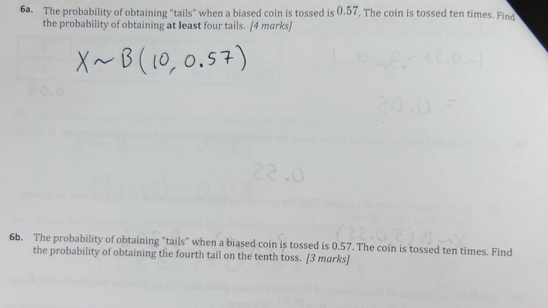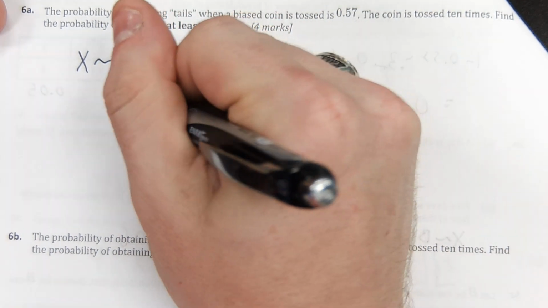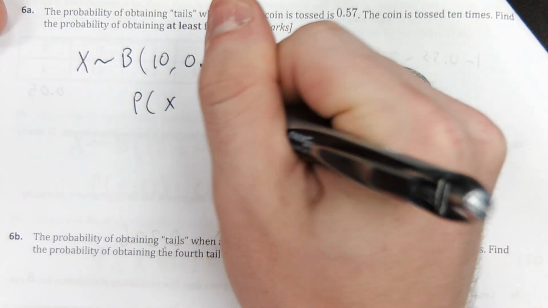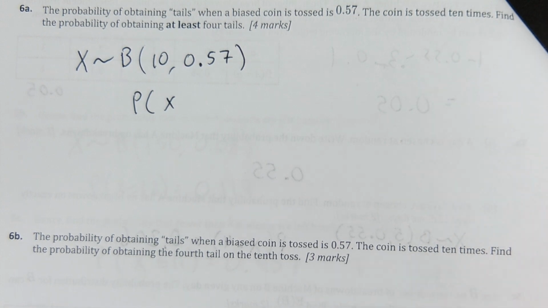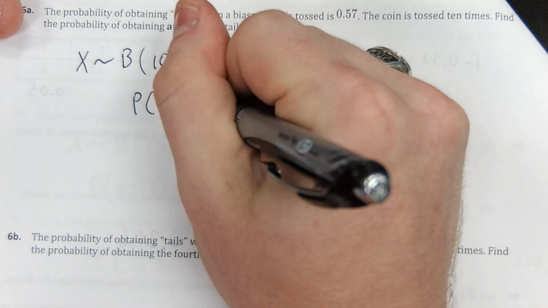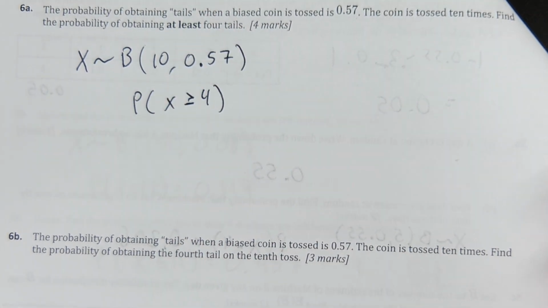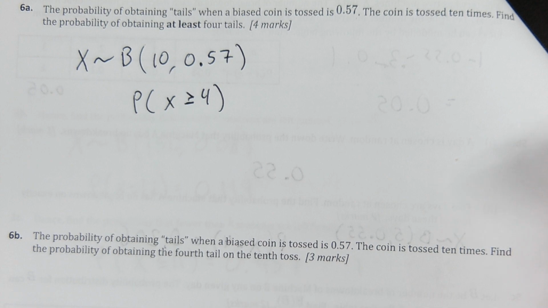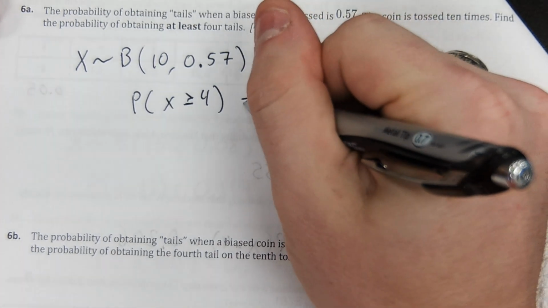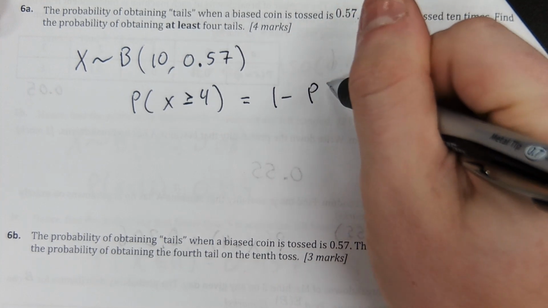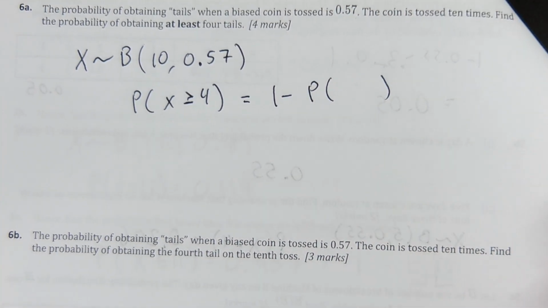So here's what the question asks you to do. It asks you to find the probability that X is, now if I say at least 4, what am I saying? 4 or more. So greater than or equal to 4. However, binomial distributions on our calculator can't go to the right, they can only go left. So 1 minus, what goes in these parentheses?